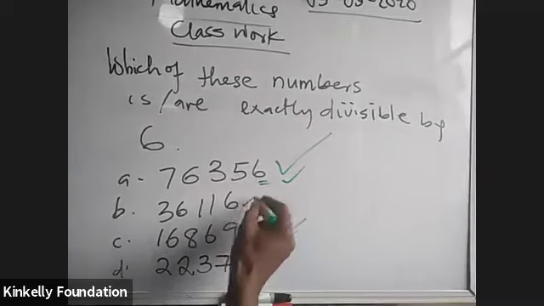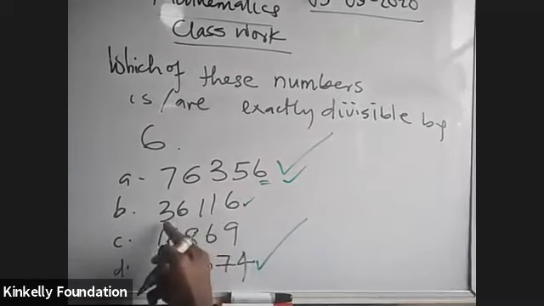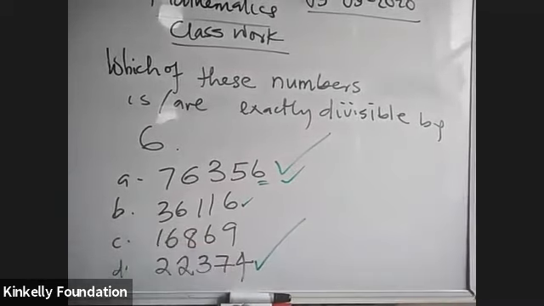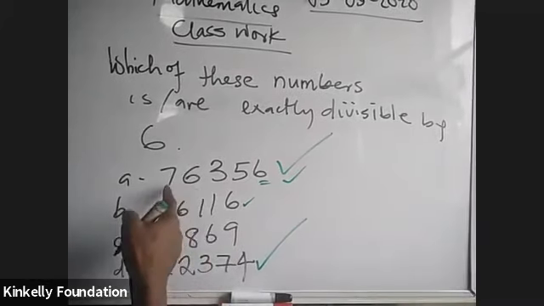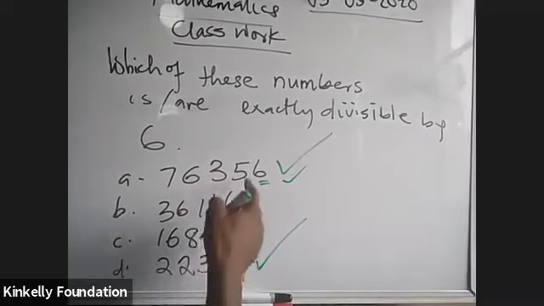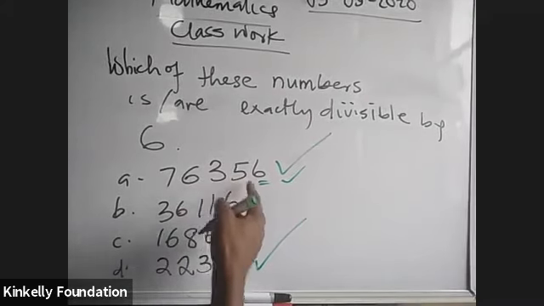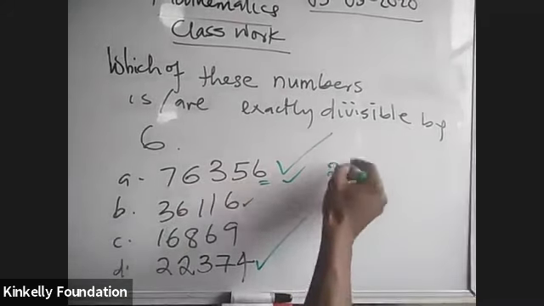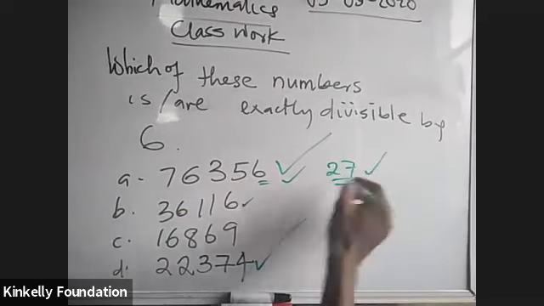This one is even, but cannot be divided by 3 because the sum of the digits cannot be divided by 3. When you sum this one, you have 7 plus 6, 13, plus 3, 16, plus this, 21, 27. The sum is 27 and is divisible by 3.